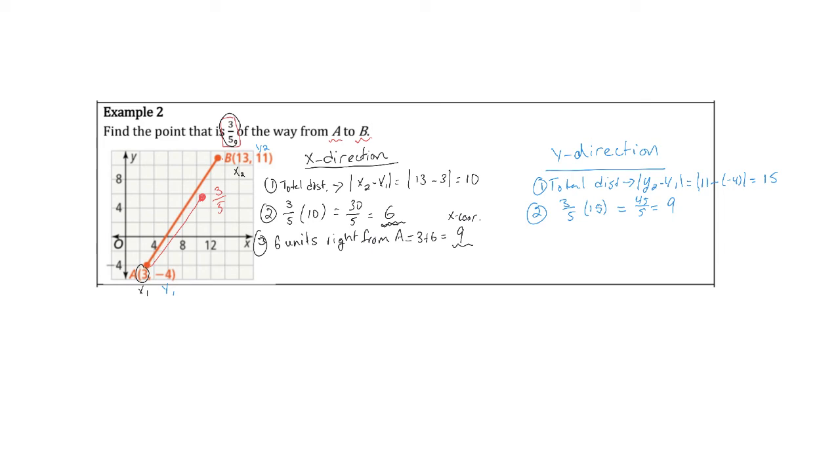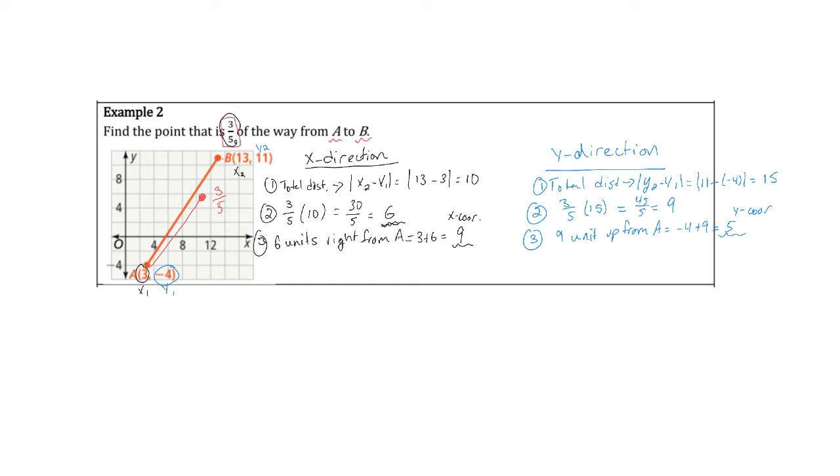So we need to add 9 units to A's y value. So 9 units up from A, so -4 plus 9 gives us 5. So this is our y coordinate, 5.